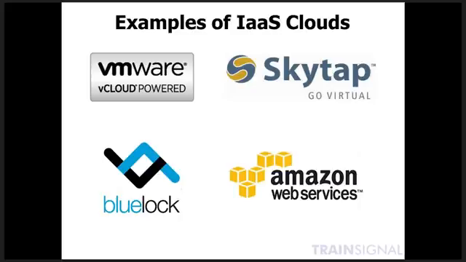Just an example of one that I've used, Jake Robinson, who creates video training for TrainSignal, works for BlueLock. He's in the process of creating a vCloud Director Organizational Administrator course, and he actually created a lesson in my vCloud Director Essentials video training course. So BlueLock is a great infrastructure cloud provider.